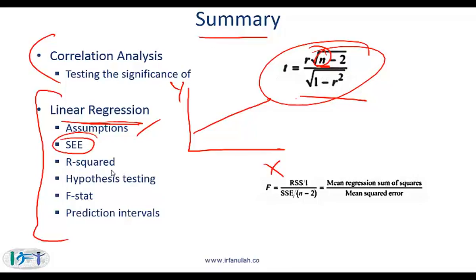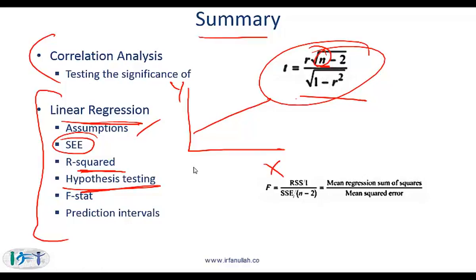Here we took the residuals, squared them, added them up, divided by n minus 2, and then took the square root. What is R squared? Also called the coefficient of determination. This is a measure of how well the data is explained. There are formulas associated with R squared. It's the explained variation divided by the total variation.